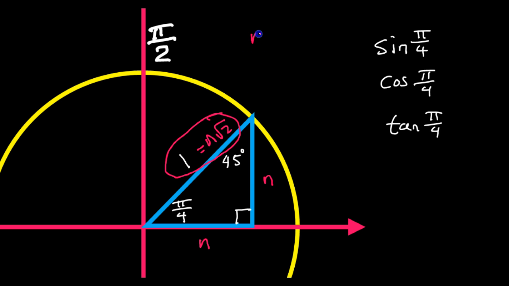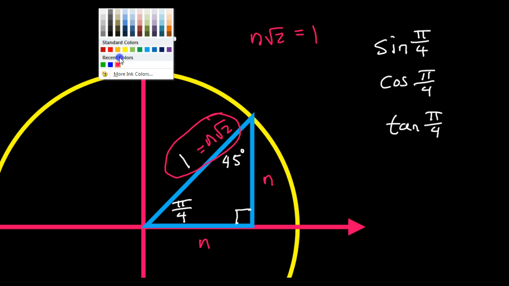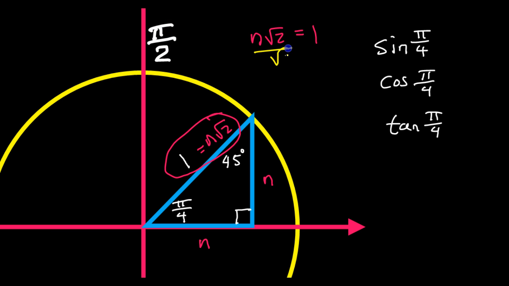I'm just going to do that off to the side. Since we know this is 1, then n radical 2 must equal that 1. So I would divide both sides by radical 2.